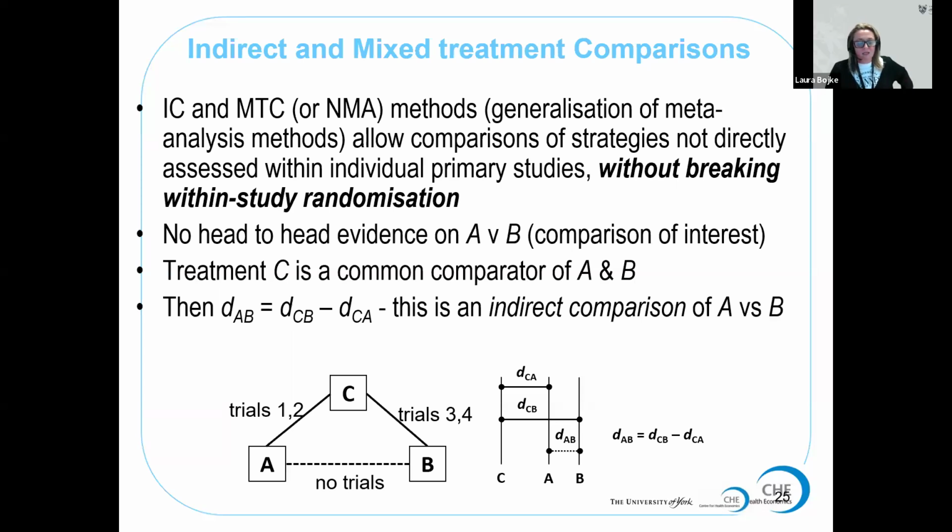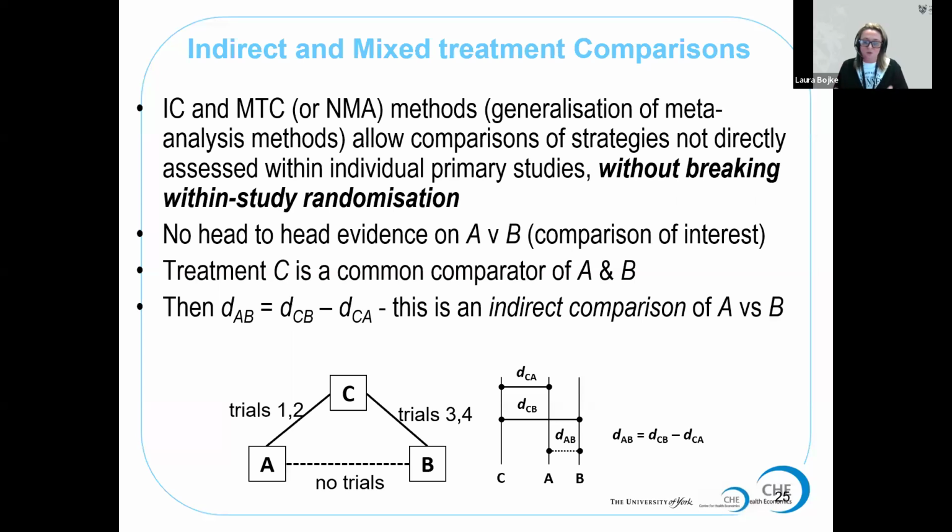These are a generalization of meta-analysis methods that allows us to compare treatment arms and strategies that are not directly assessed within primary studies. Where we haven't got a trial comparing those particular interventions, it allows us to integrate this within one single framework, but crucially, it allows us to do that without breaking within-study randomization.